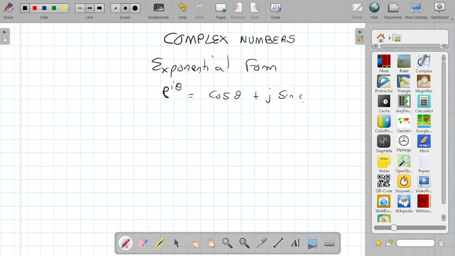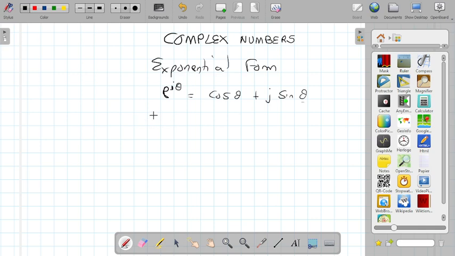We are just going to admit it in this video. We are going to show that this is actually true in the next video. All right. Now, since I've used j here, I need to use j here. Great. e to the power j theta is equal to cosine of theta plus j sine of theta.